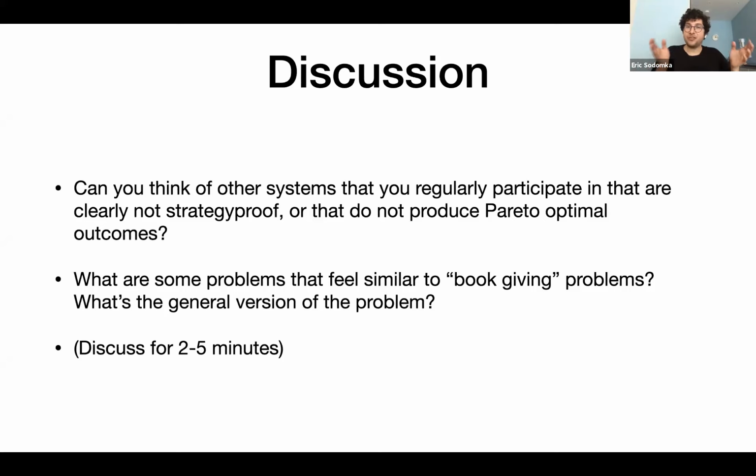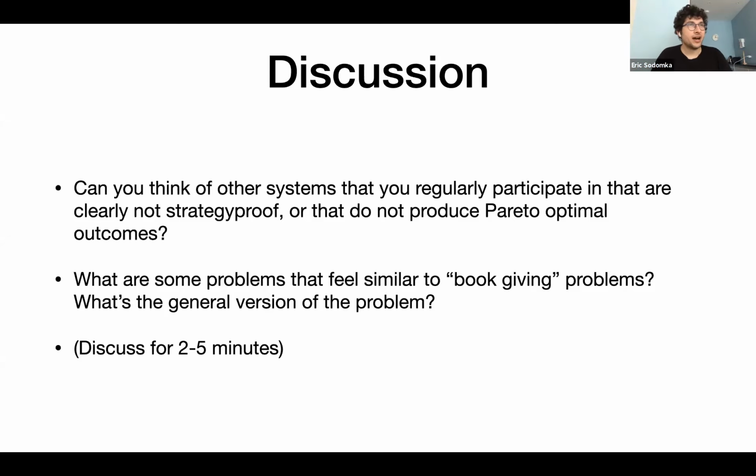Because, right, it didn't have to be books to attendees. There's an abstracted version of this. It is resources to those that need resources. Some version of this is how Stanford University decides what students get allocated to what dorms, what housing.